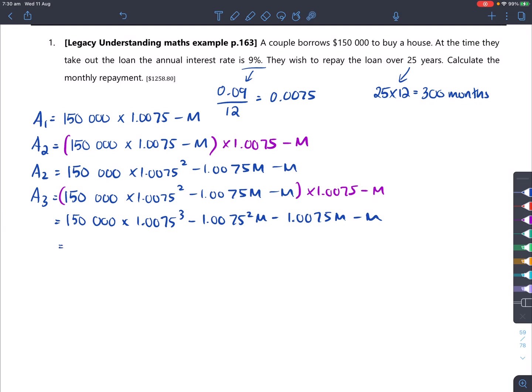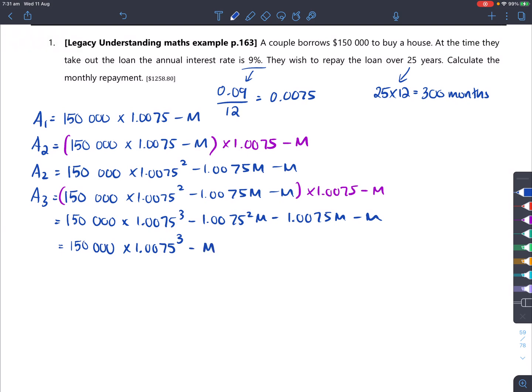Now, this makes it easy for us to generate a pattern and recognize what we can factorize out. Out of each of these at the very end, we can factorize out a negative M and leave these two terms multiplied here at the beginning.